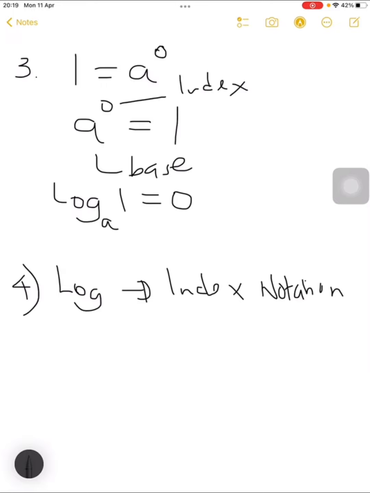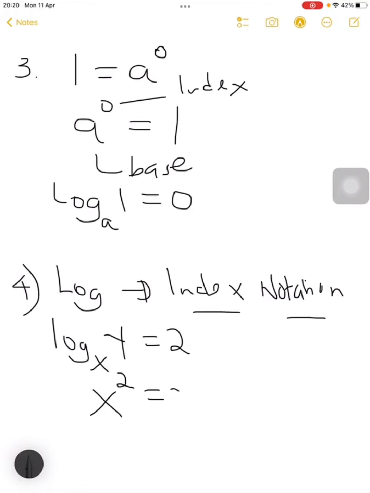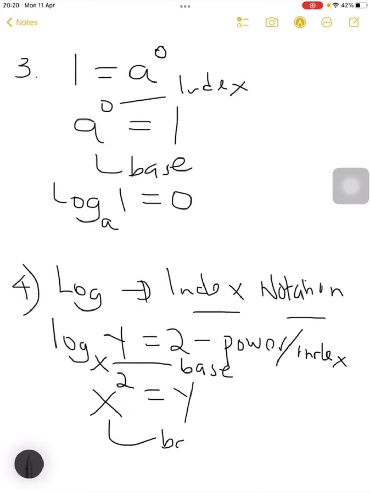So for example number 4, we have log y base x is equal to 2. So in terms of index notation, we have the base x power 2 is equal to y. This is your power or the index, and this is your base.